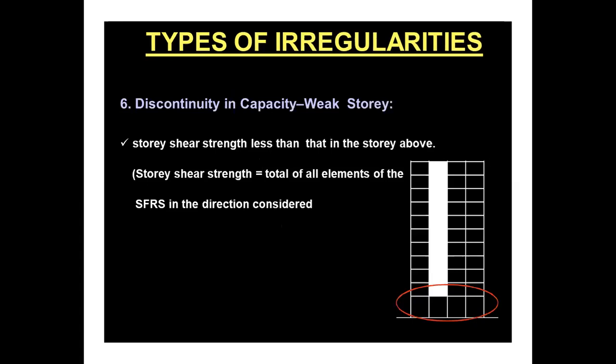The very next is discontinuity in capacity, or weak story, right? We also covered this in the vertical layout of buildings. The earthquake force developed at different floor levels in the building needs to be brought down along the height to the ground by the shortest path.